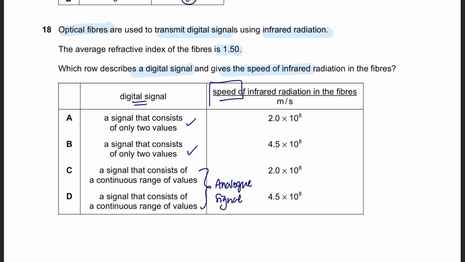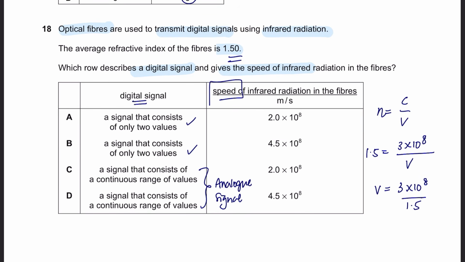Now let's find the speed of infrared radiation. Since we have already been given the refractive index, we can use this to calculate the speed. n is 1.5 and c is the speed of light, which is 3 times 10 to the power of 8. You will get the speed by dividing the speed of light by the refractive index, giving you 2 times 10 to the power of 8. So the answer is A.